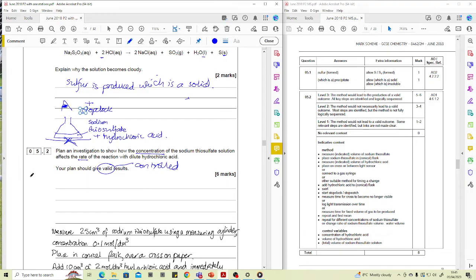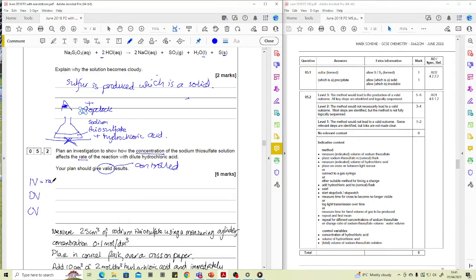Okay, so what we now need to do is identify our independent variable, dependent variable and control variable. When we did this as a retrieval test, I think people slipped up on the independent variable weirdly, but the question says plan an investigation to show how the concentration of sodium thiosulfate solution affects the rate of reaction.